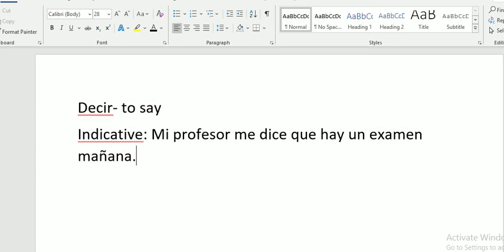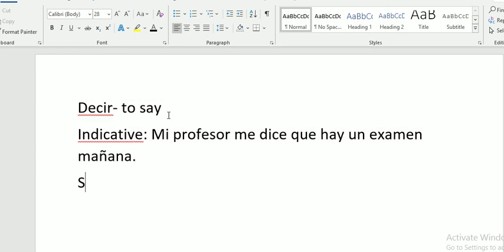Okay, so in this case, you know, this is not quite subjunctive. What's happening here with this sentence is that I'm only relaying information that my professor tells me, right? What's the information? My professor tells me that there's an exam tomorrow. He's not giving me a command. He's not doubting anything. There's no doubt here that there's an exam tomorrow. And that's the difference between indicative and subjunctive right there. Indicative hardly ever leaves any room for doubt.